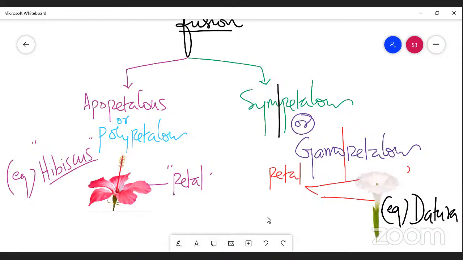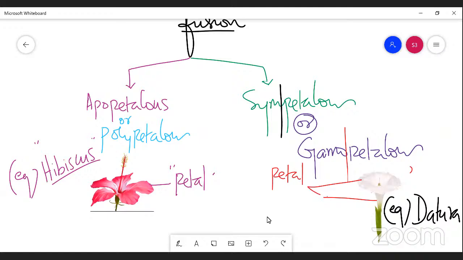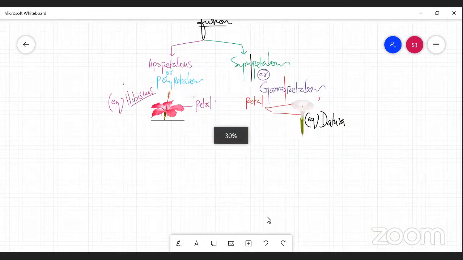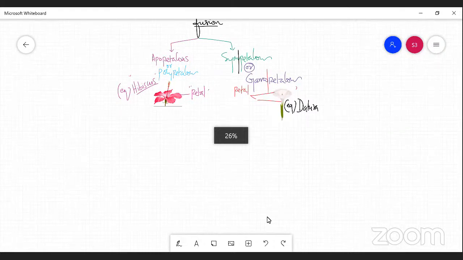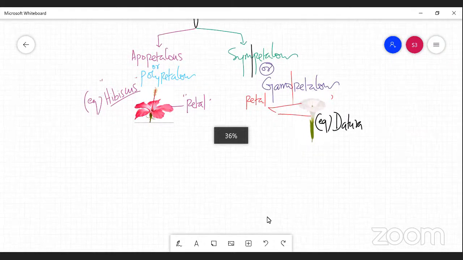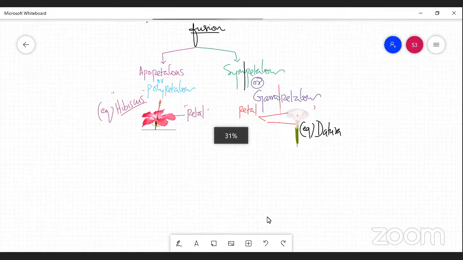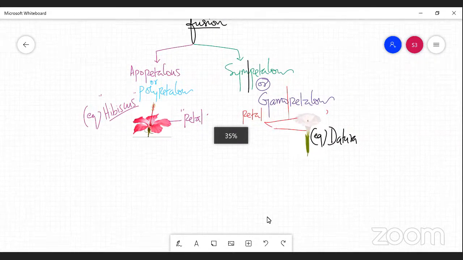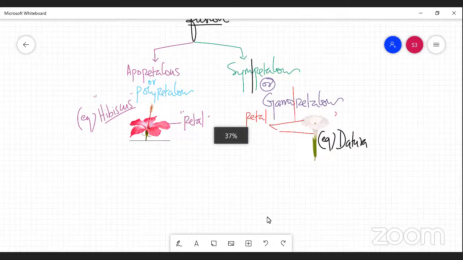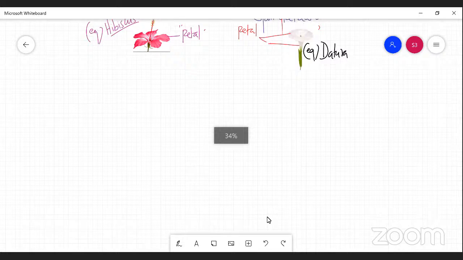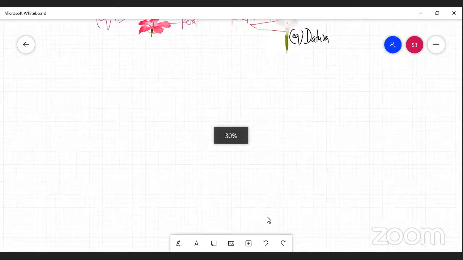Sometimes the petals and sepals are not differentiated from each other. Such a condition is called the perianth. Dear students, please understand. In some cases, you can find undifferentiation of sepals and petals. You know very well, I have explained that the sepals are green in color, and the petals are the most attractive part of the flower, in several different colors.